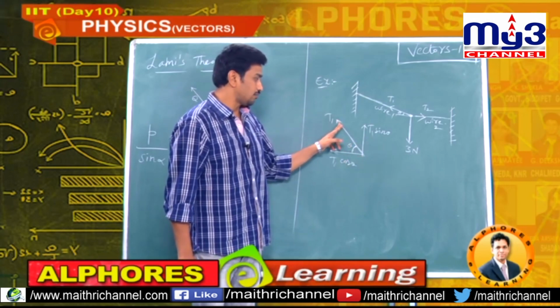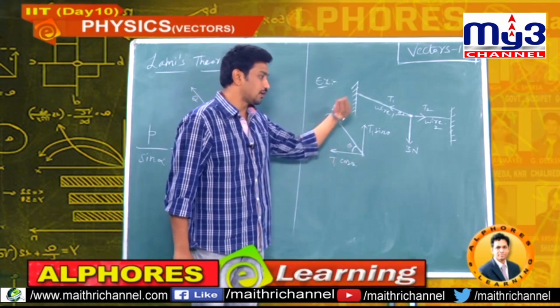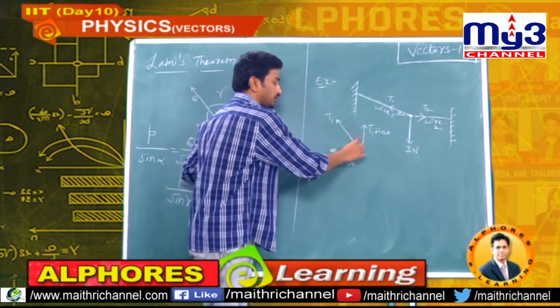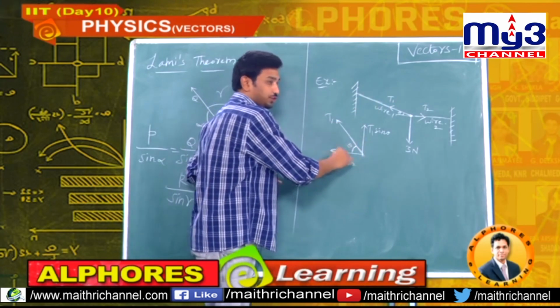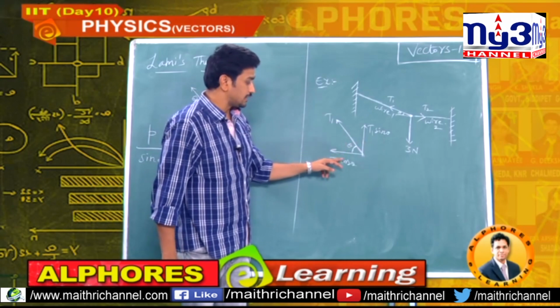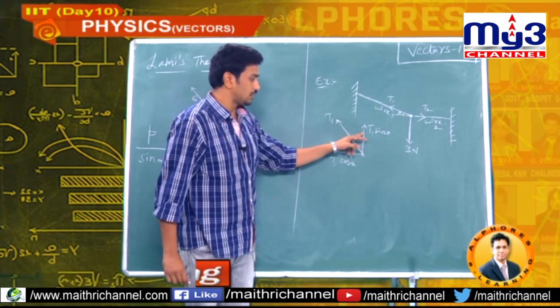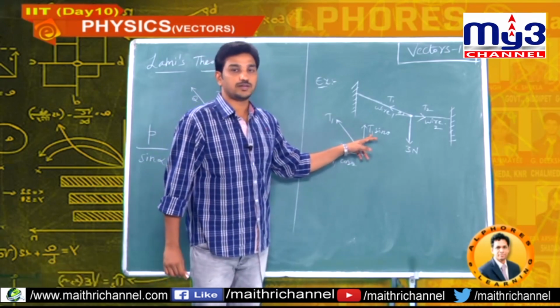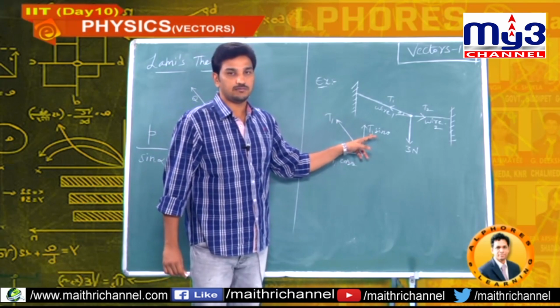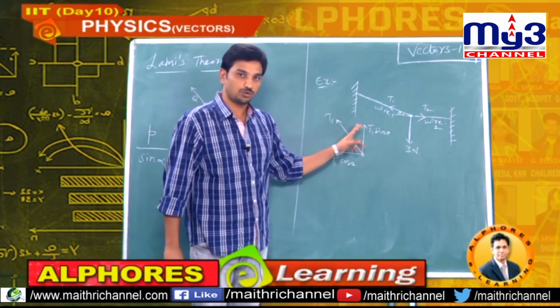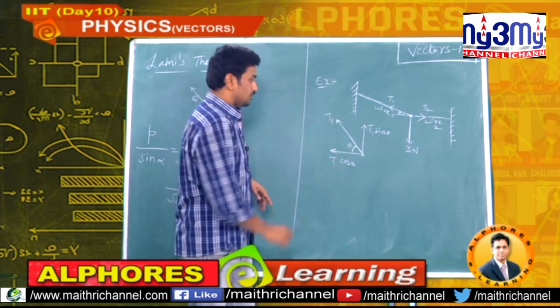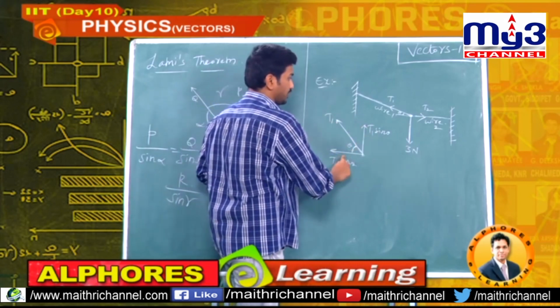T1 is the vector, one component is this side, another component is that side. Components are always perpendicular to each other. This resolution of vectors we did in video 2 and video 3. You go through that and you can understand. So T1 we resolved into two components.